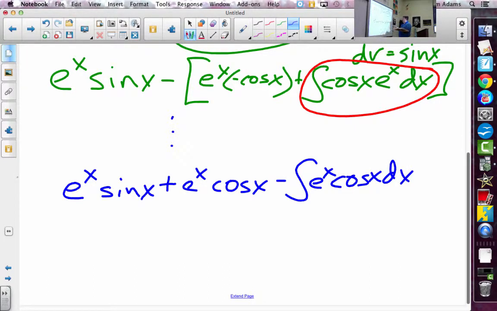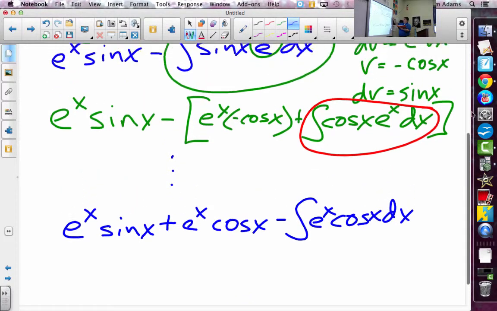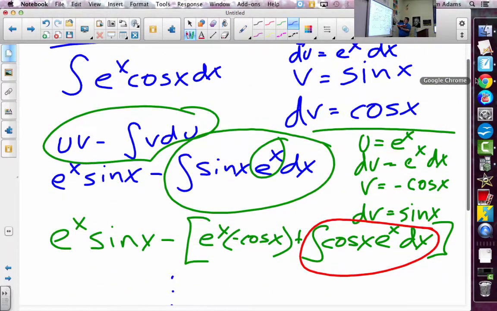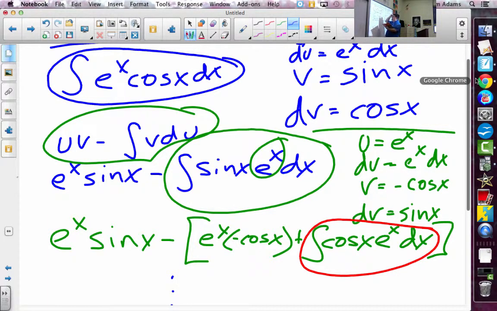Well, that's exactly where we were. And if you notice, I've got this e to the x cosine of x integral, which technically is where I started, minus the negative sign, of course.